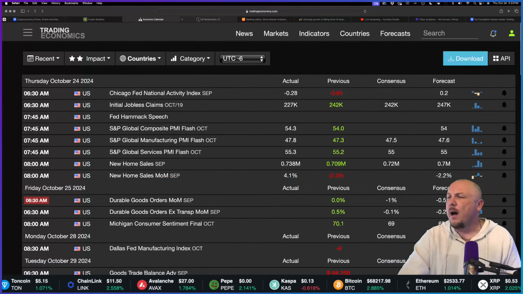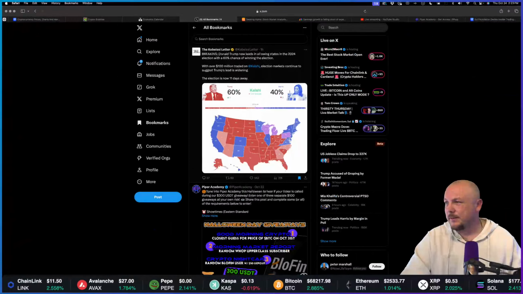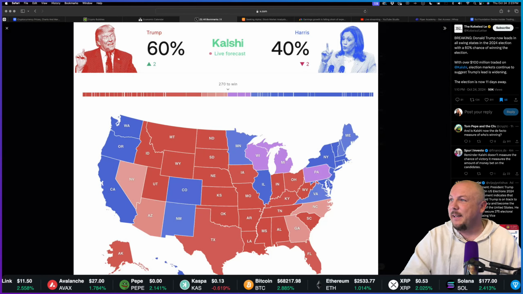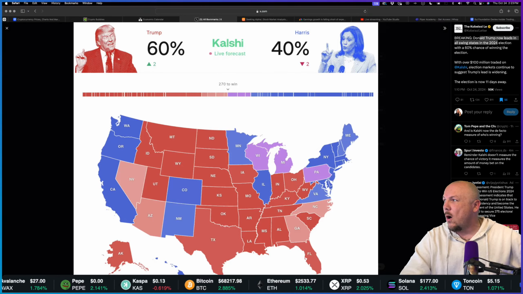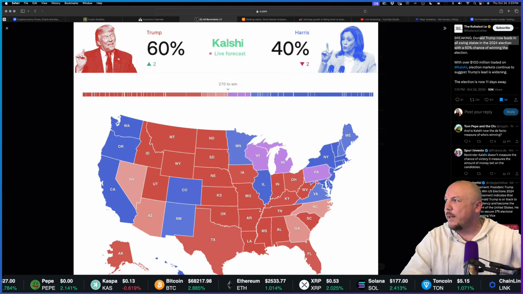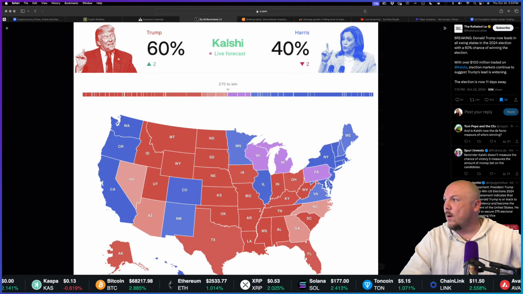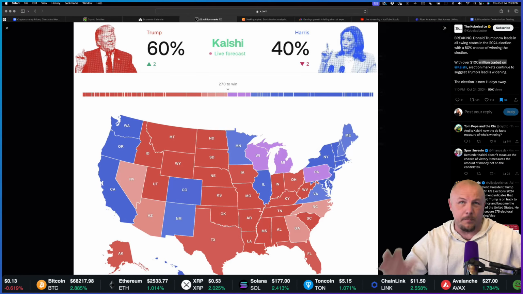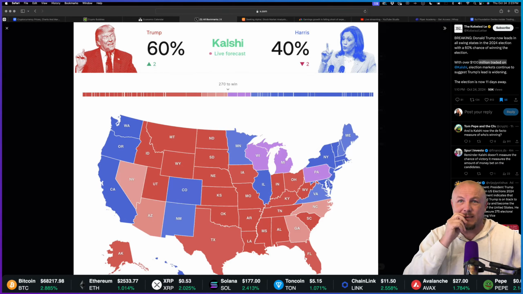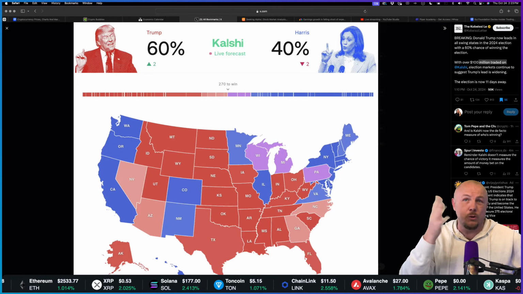So let's go talk about this. Donald Trump, guys. The big D. Breaking news, Donald Trump now leads in all swing states in the 2024 election with a 60% chance of winning the election, with over $100 million traded on Kalshi. That's the site where you can make bets to see who's going to win the elections.